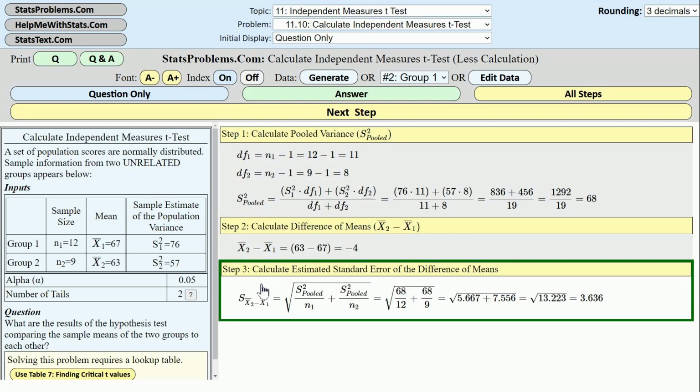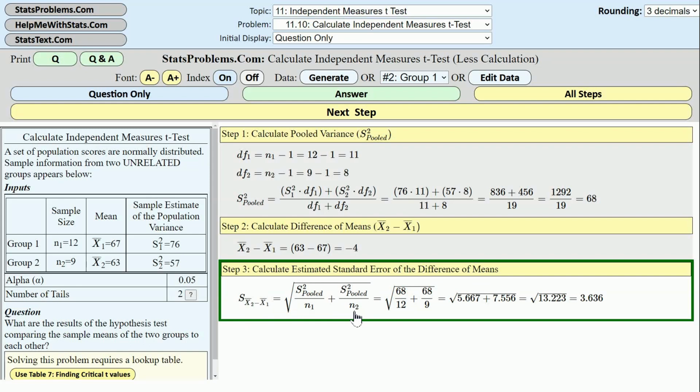In Step 3, we calculate the estimated standard error of the difference of the means. Estimated standard error of the difference of the means, S sub X bar 2 minus X bar 1, is equal to the square root of S squared pooled divided by the sample size of Group 1, N1, plus S squared pooled divided by the sample size of Group 2, N2.